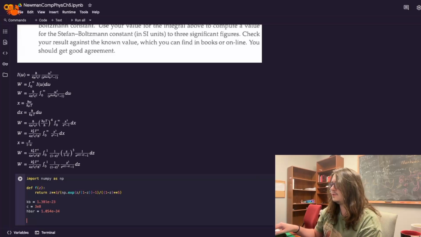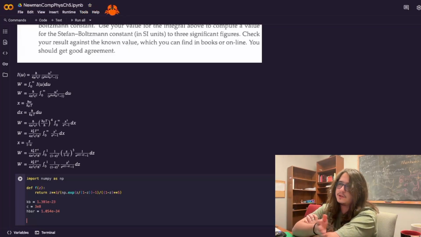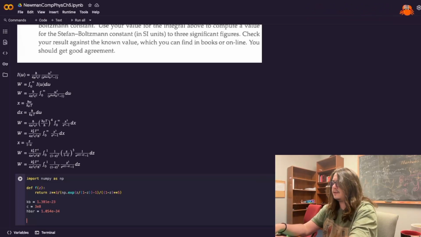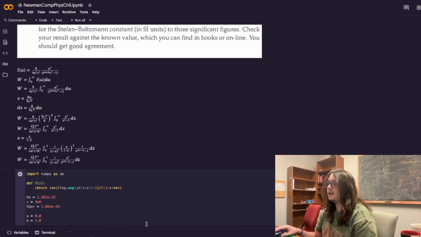Then to do the integral, I think the best way to do it is actually via Gaussian quadrature. I know it's very black box compared to Romberg or Simpson's rule or the trapezoidal rule, but the thing about Gaussian quadrature is that it handles singularities really well. What I mean by that is that we have an integral from 0 to 1.